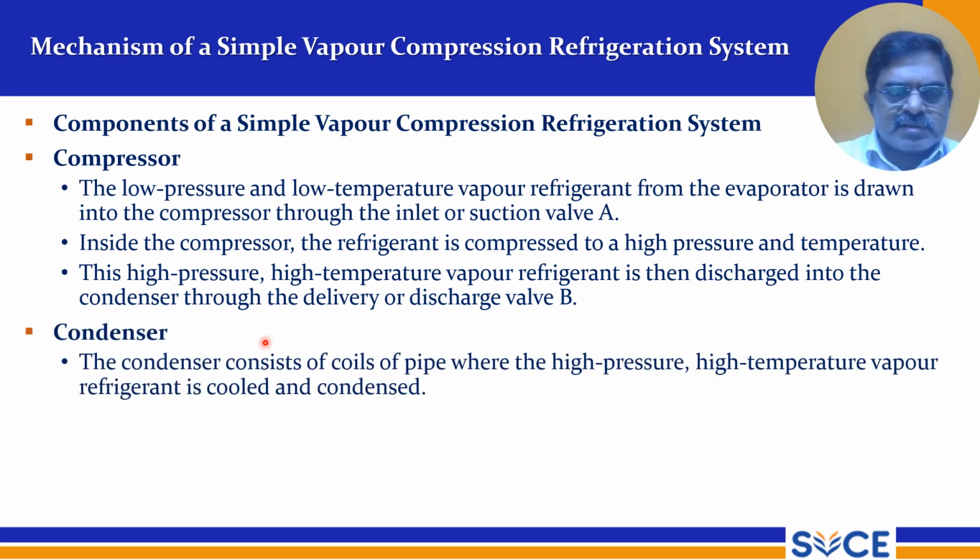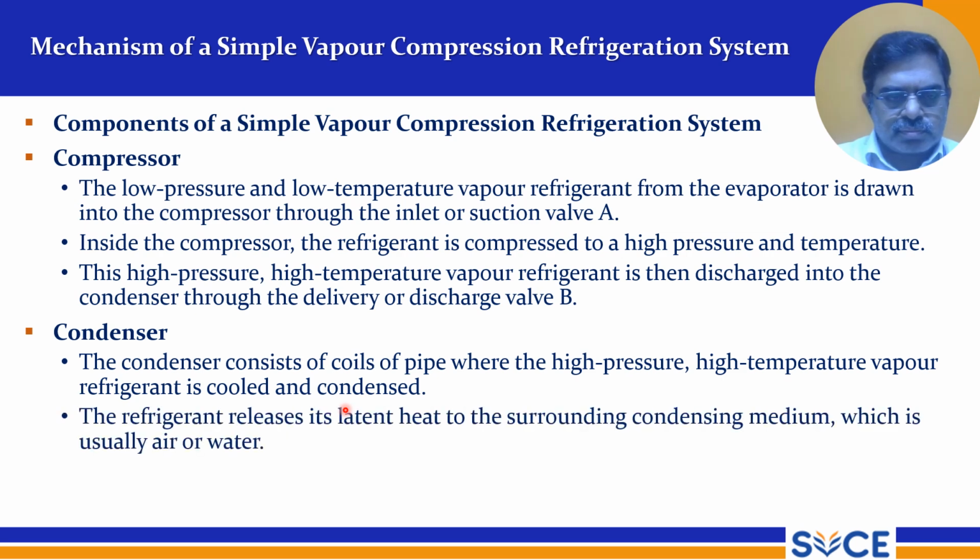The condenser consists of coils of pipe where the high pressure, high temperature vapor refrigerant is cooled and condensed. During the condensation process, whatever form it is in turns into liquid. That is the condenser function. The refrigerant releases its latent heat to the surrounding condensing medium, usually air or water.